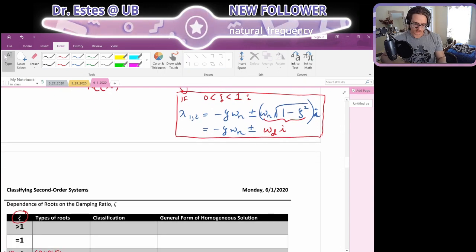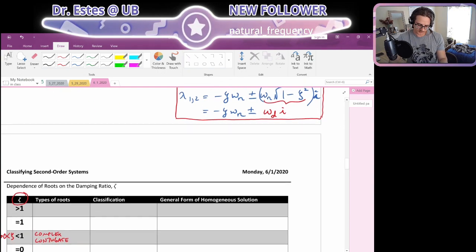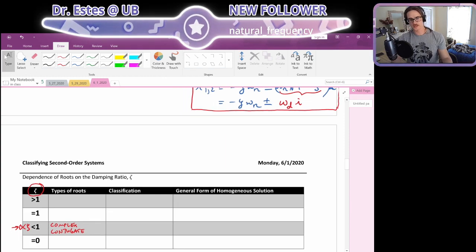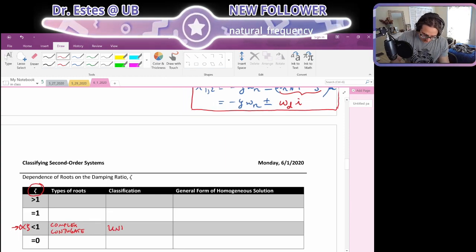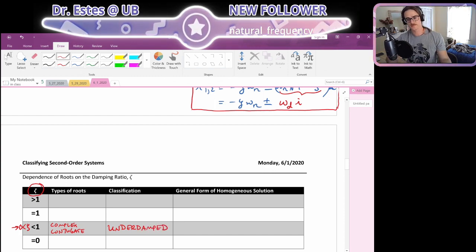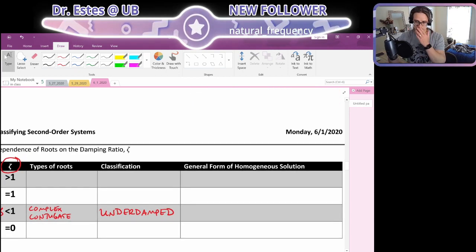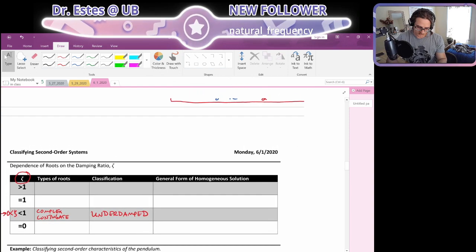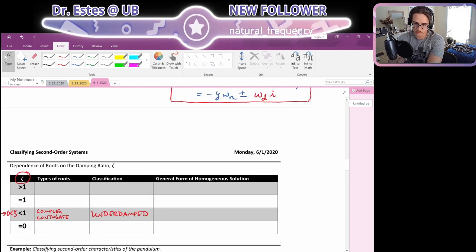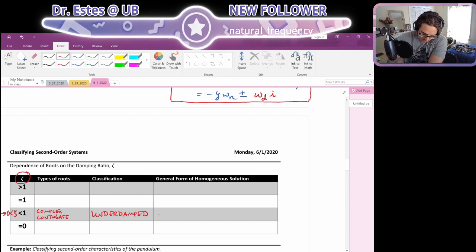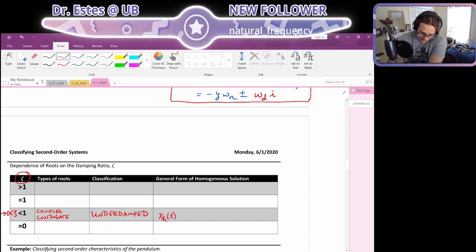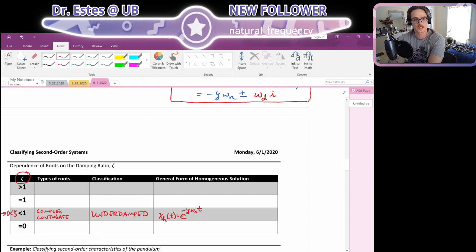Okay. If you get roots like this, if the damping ratio is between 0 and 1, we call this underdamped. That's what the pendulum is. So the general form of the homogeneous solution, now that we've done this a couple times, you take e to the real part of the root, which is minus zeta times omega n times t.